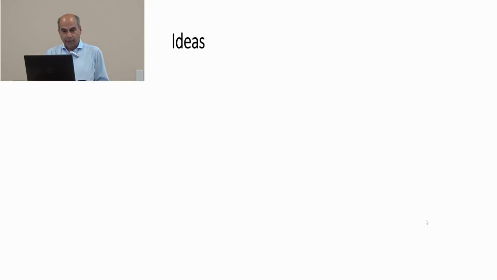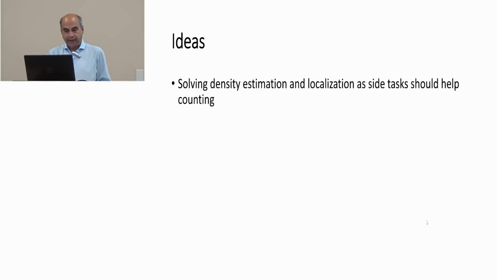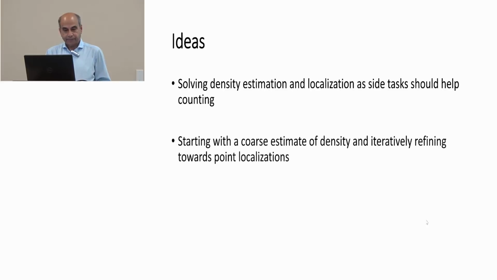So what we have proposed is that we want to solve density estimation as a side task, and that should help the counting. Counting you can do by itself, but we have these side tasks.